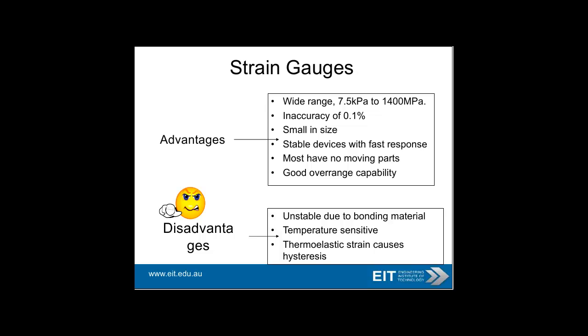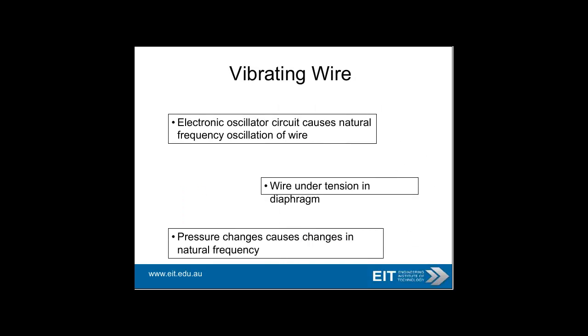Advantages: very wide range, from 7.5 kilopascals to 1400 megapascals, which is quite an enormous change. Very low inaccuracy, 0.1%. Small, fast response, no moving parts. Disadvantages are it's a little bit unstable and it's temperature sensitive, so you've got to watch out for that. Can cause problems.